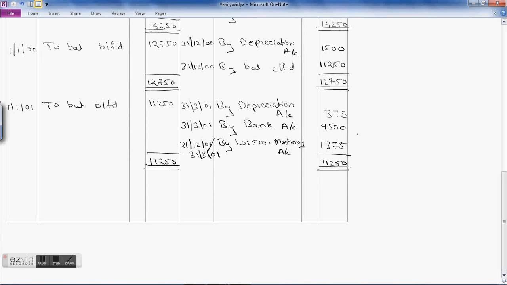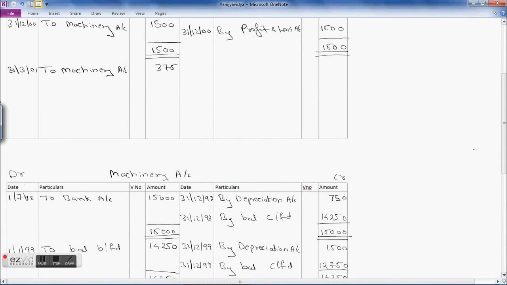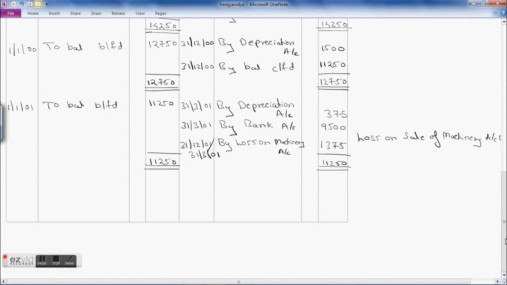So entry will be loss on sale of machinery account debit to machinery account, right?